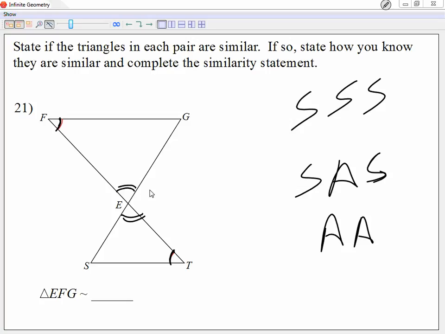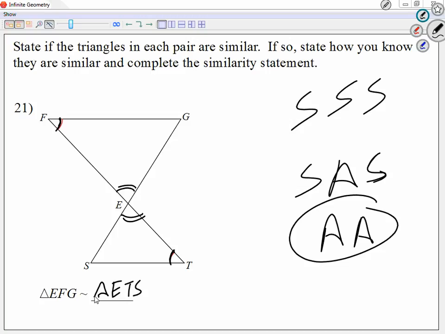So I already have two angles per triangle, that gives me angle, angle. So I have triangle EFG. I'm going to say it's similar to triangle ETS by angle, angle.